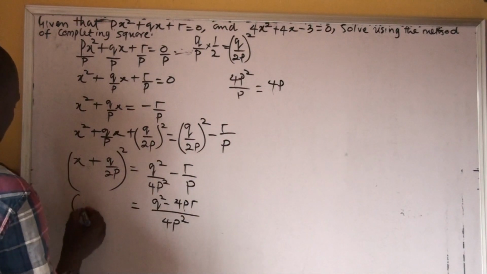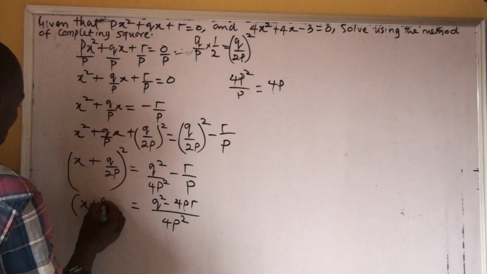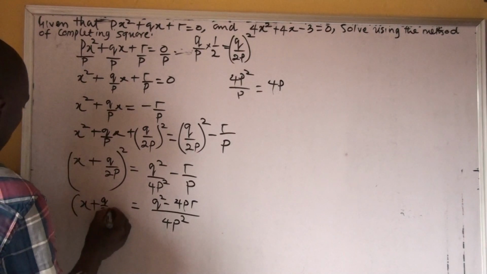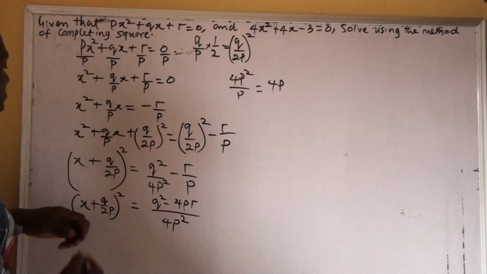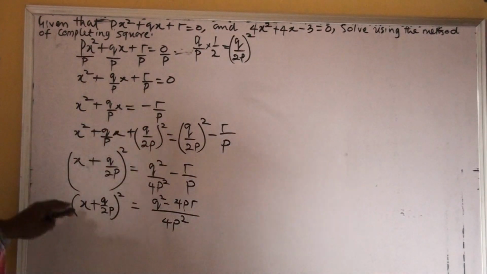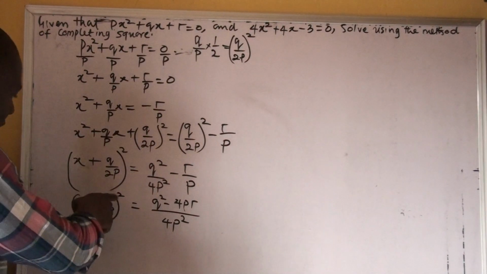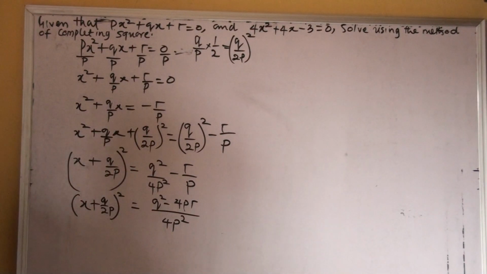So here we know this left hand side is x plus q all over 2p all square. Okay, the next step is that we take the square root of both sides, because we want to clear this square off here.